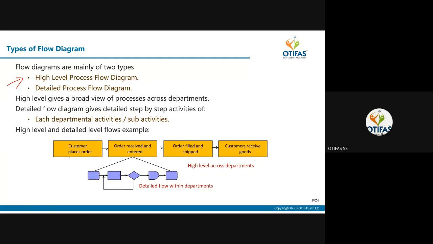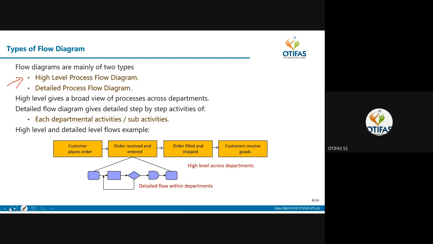So in an e-commerce store, the customer places the order, order received and entered, order filled and shipped, and the customer receives the goods. Now these are high level, but each such process will have detailed steps. In order received and entered, there will be a lot of small steps that are to be followed.